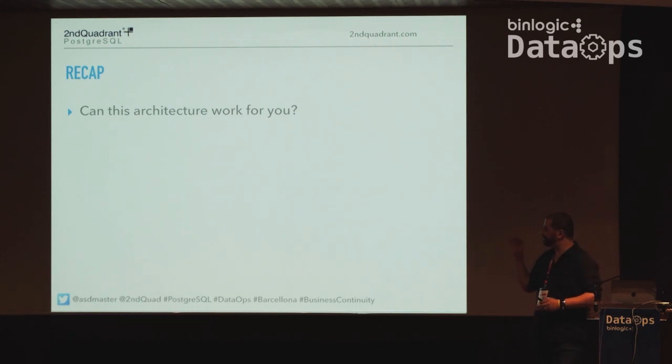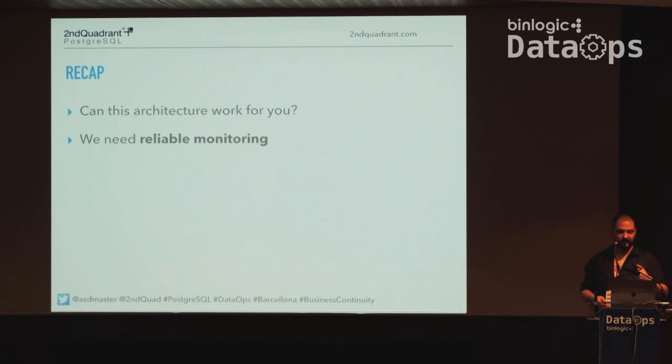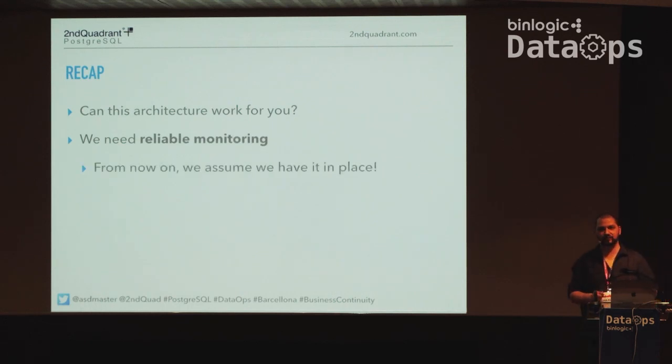So if your failure happened at 3:59 in the morning, you have to be aware of that and be ready to recover. Otherwise, the time to recover increases, okay? So as I said, we need reliable monitoring, and from now on, I assume that we have that in place, so we can move over, okay?